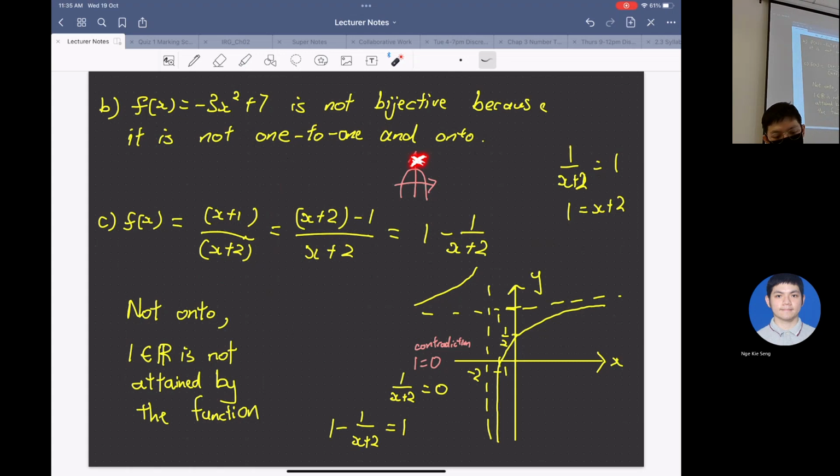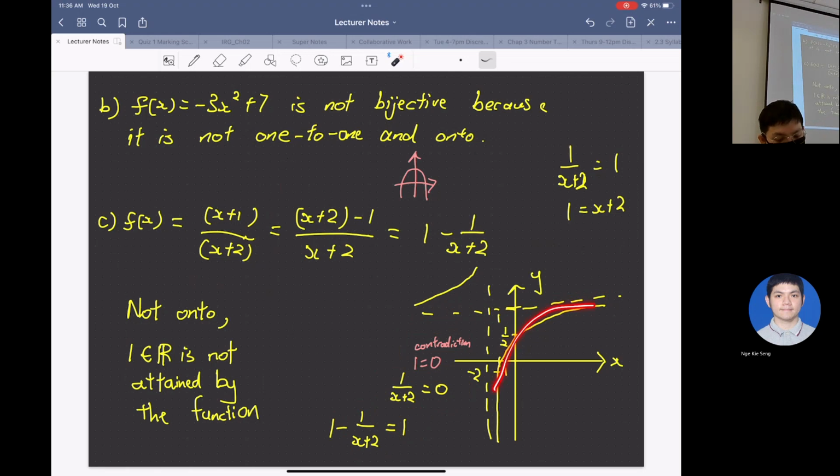I think somewhere above 7. Next, C. C is not onto, because if you let the function equal to 1, then you cannot find the preimage. You will reach a contradiction.